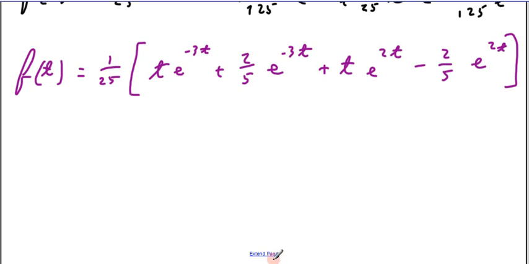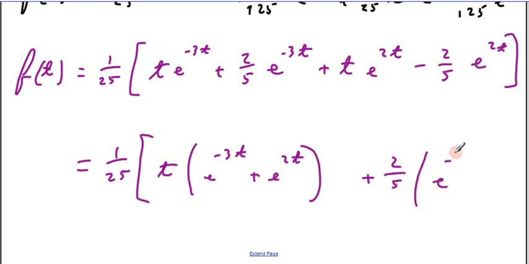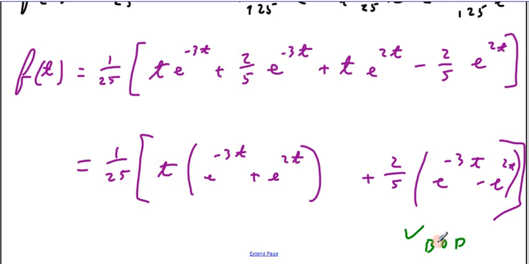And combine some of the terms a little bit with the t's and not the t's. 1 over 25, and I've got a t e to the minus 3t plus e to the 2t, and then plus 2 over 5 e to the minus 3t minus e to the 2t, brackets, boom, boom, and that's what the back of the book has. So we were extremely lucky that we didn't mess up a 4x4 guy.